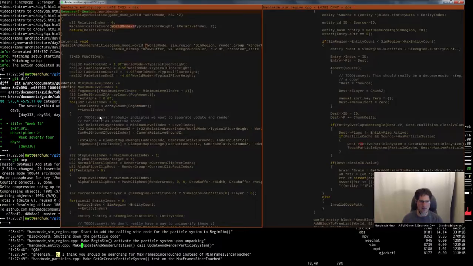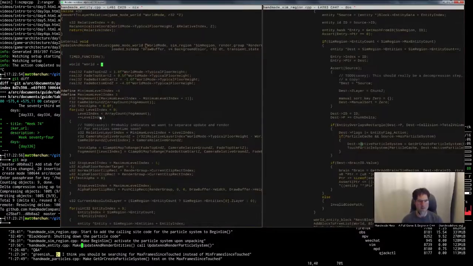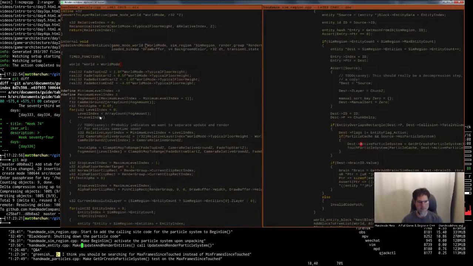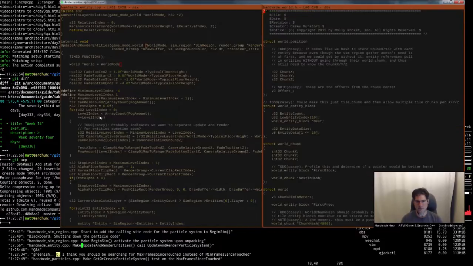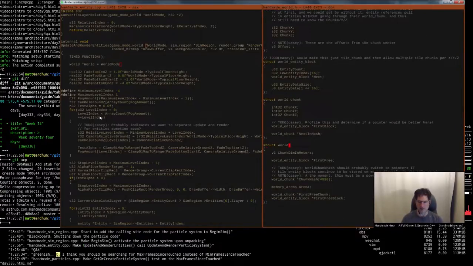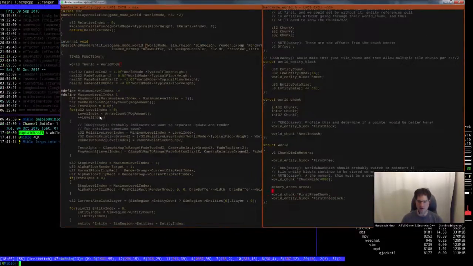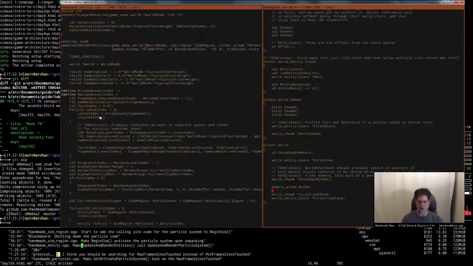I don't see a way to get the world here, though. So I guess it's just world mode world, if I remember correctly. But let me take a look at how much sense this makes. So we've got sort of the chunk cache here, and the chunk cache stores all that stuff inside this world. Does it make sense to store the particle cache here? I'm not sure. One of the things that makes that a little bit odd is you can see that really what's stored in the world is persistent data.